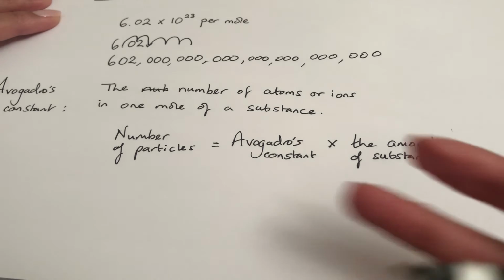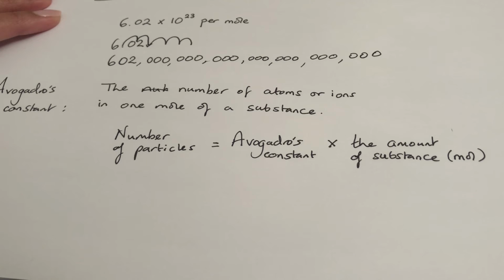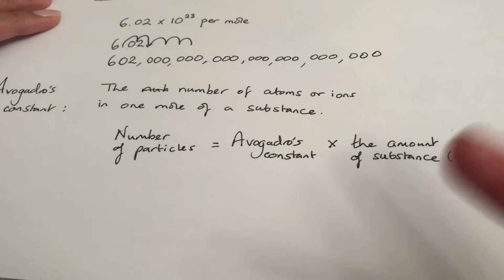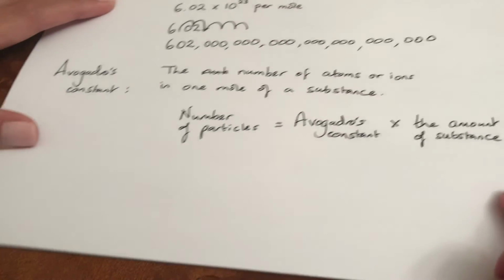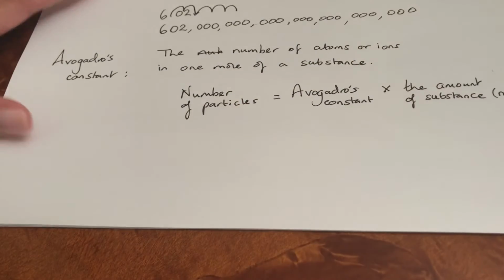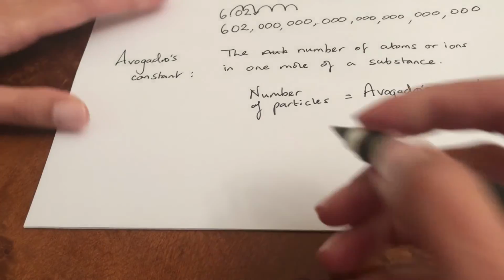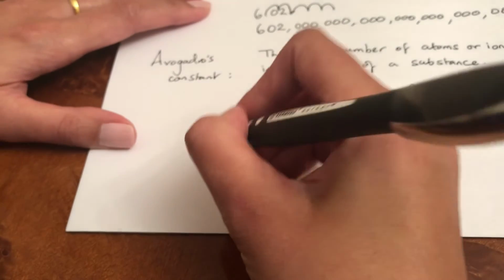Okay, so imagine we have a question, quite typical: calculate the number of water particles, or rather water molecules, in 0.5 moles of water. So let's write that down. We want to calculate the number of particles.